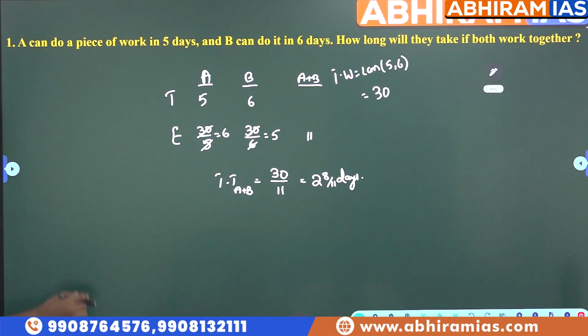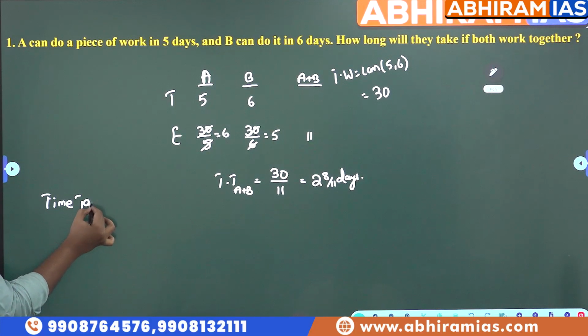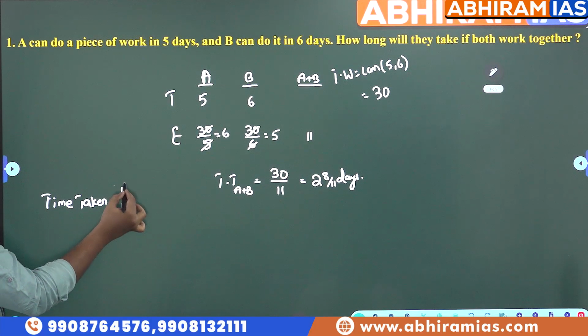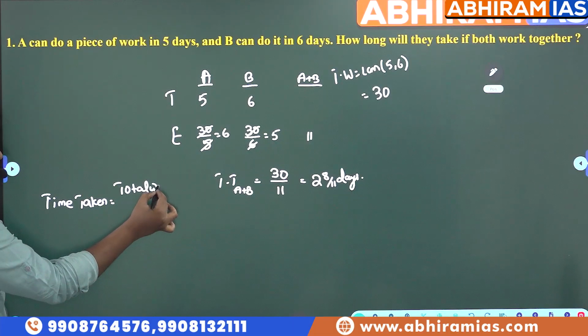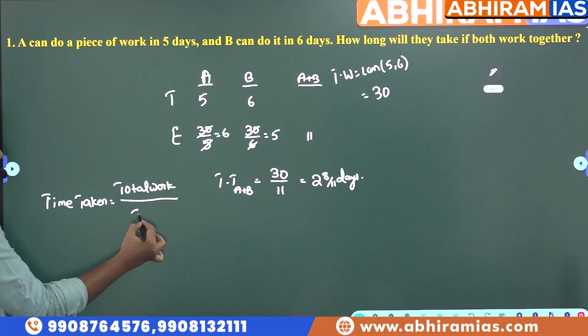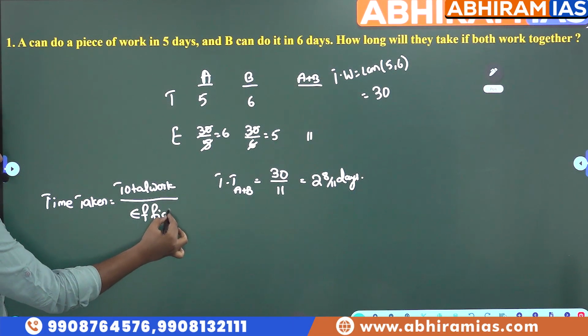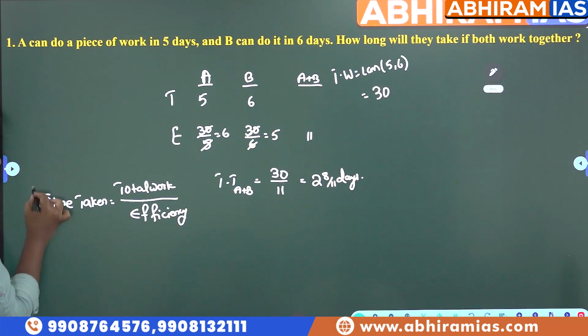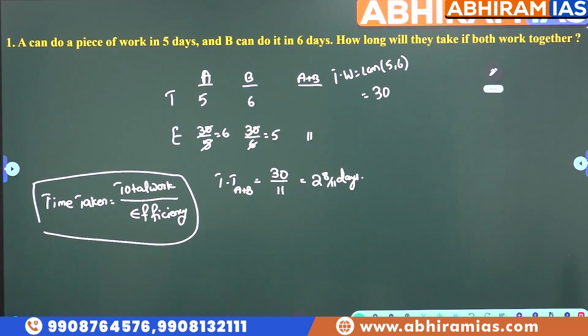Now only one formula which we will have. Time taken is equal to total work by efficiency. If I want time, I will divide total work by efficiency.